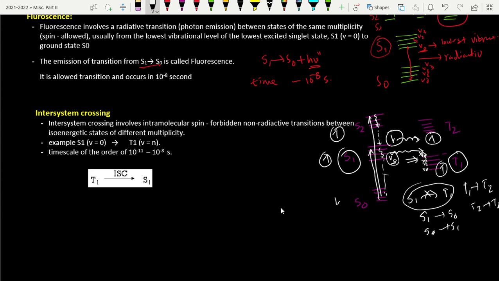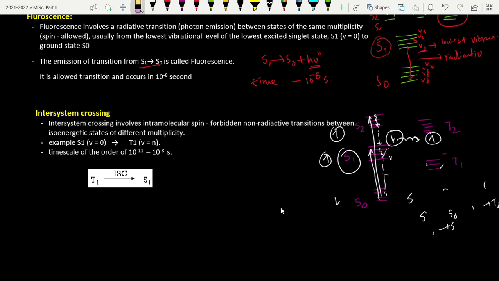The example is there: S1 from V0 to here. You can see that V0 is there, and this is V3 or V4, the equivalent energy.